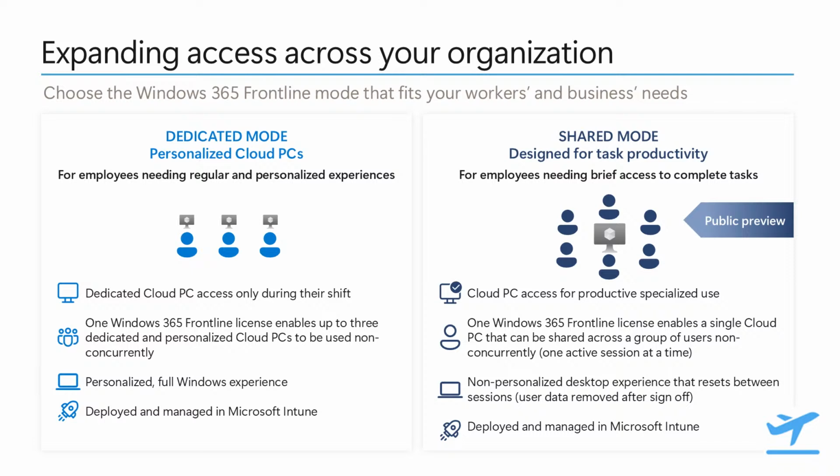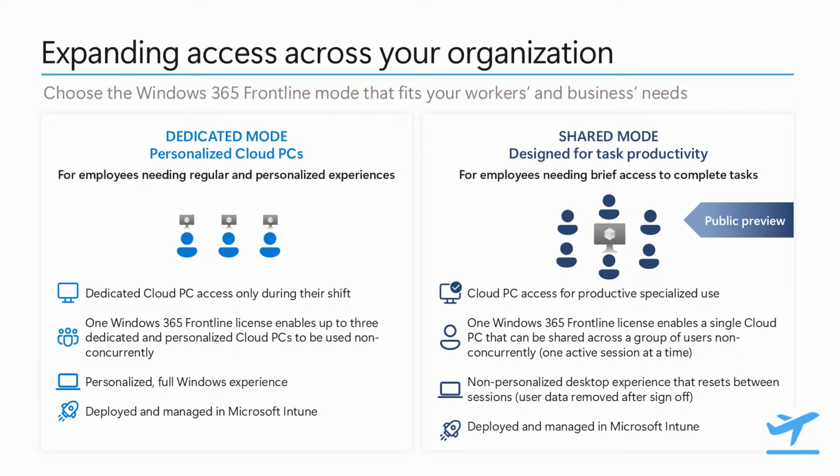For shared mode, we've designed the Cloud PC so that it is designed for the task rather than the user. And our target is employees who need brief access to complete a specific task. So what happens in shared mode is each Cloud PC license becomes 1 Cloud PC, and you're able to set it up so that it can be available for specialized use.